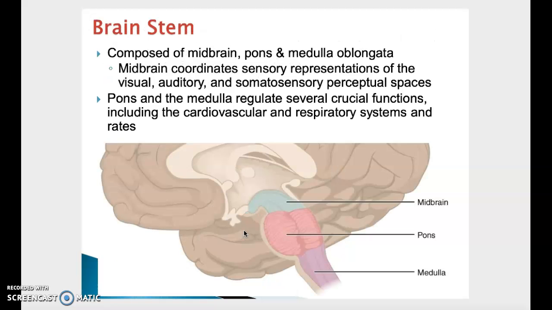As we continue further inferior and posteriorly, we can see the brainstem, which consists of the midbrain, pons, and medulla oblongata. This area consists of both gray and white matter with many different kinds of purposes.